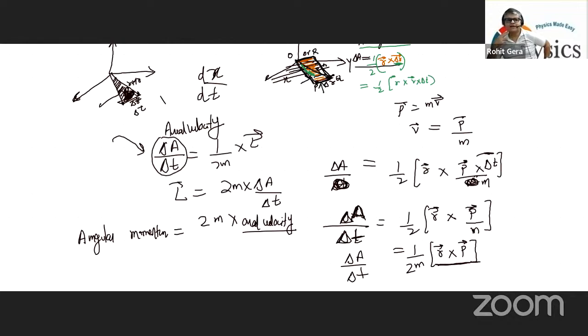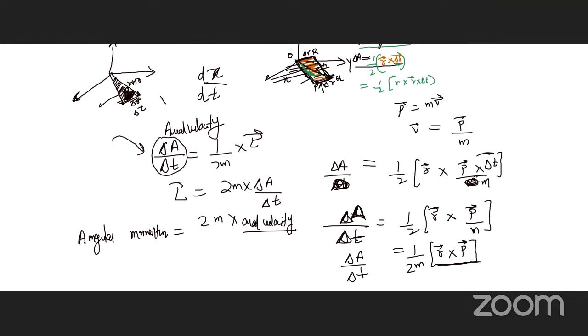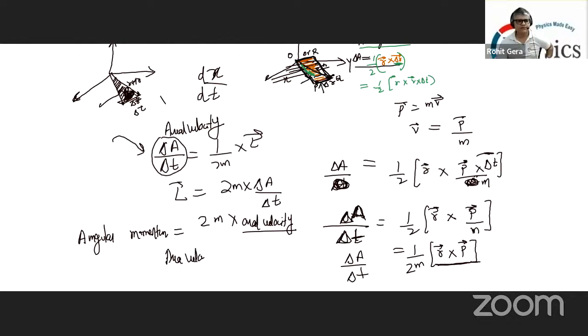Or we can say areal velocity can also be written as L divided by 2m, right? So this is angular momentum per unit kilogram. The angular momentum per unit kilogram is called as the areal velocity.